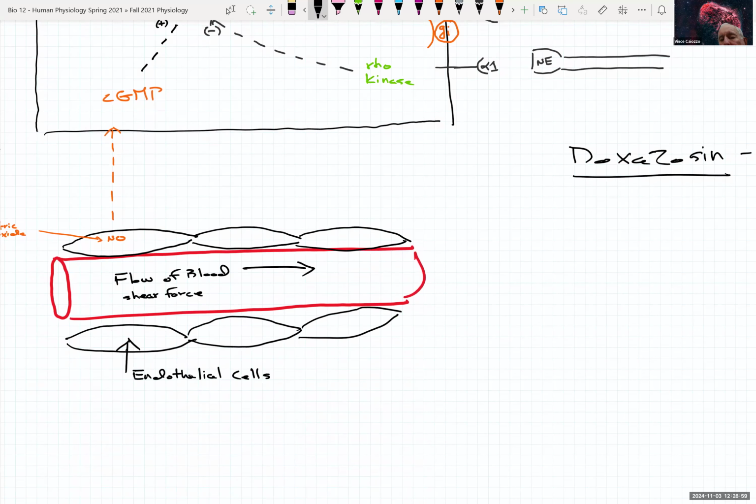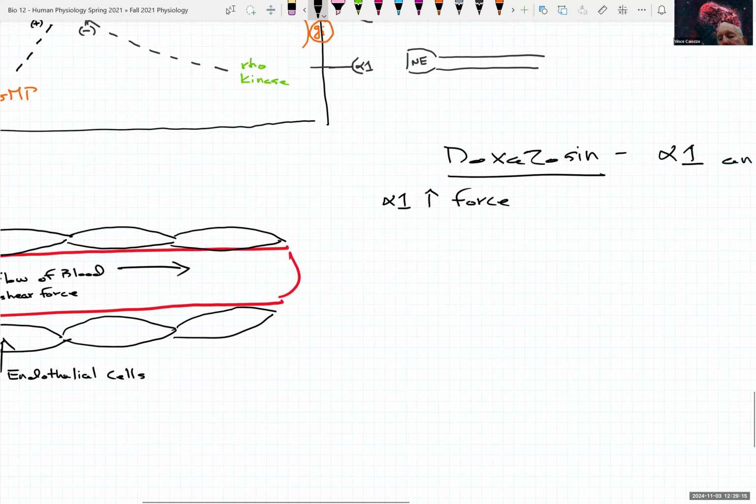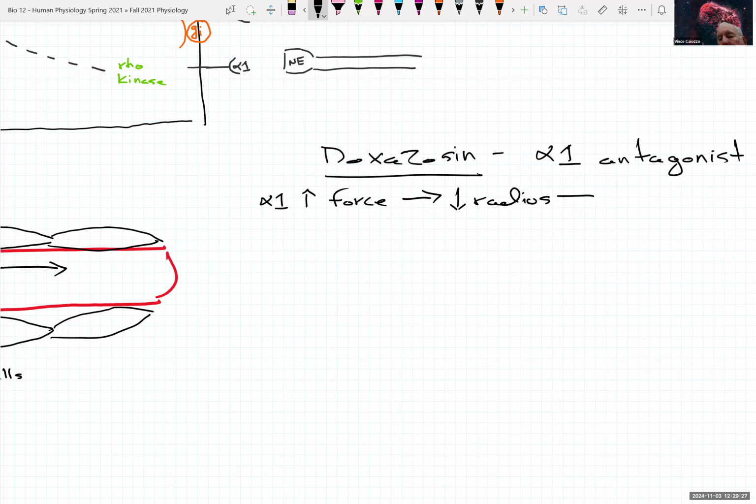So here I'm just going to write: alpha-1 causes an increase in force, which leads to a decrease in the radius of the blood vessel, which leads to an increase in resistance.